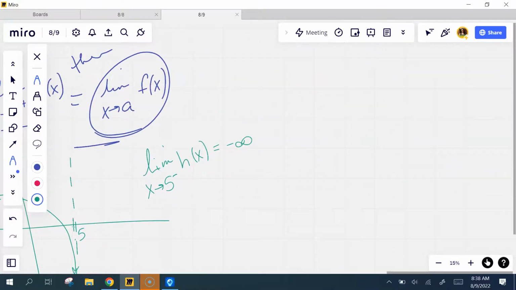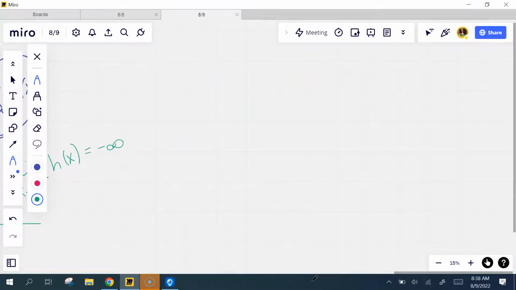Let's look at this one. Yep. This is typical calculus plugging the hole.